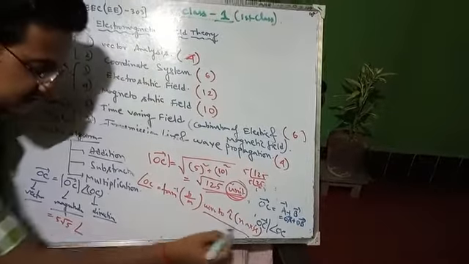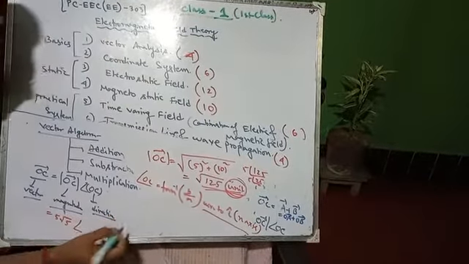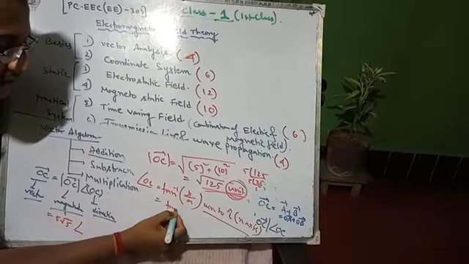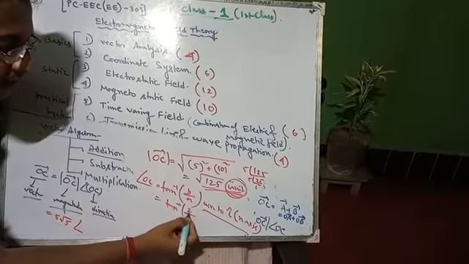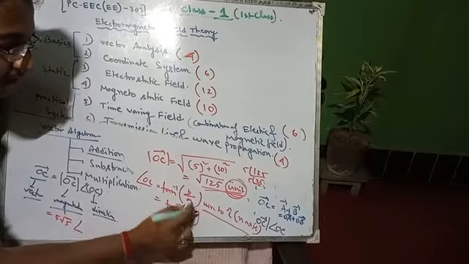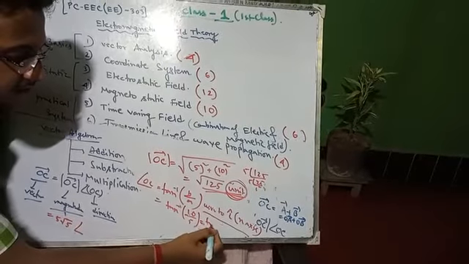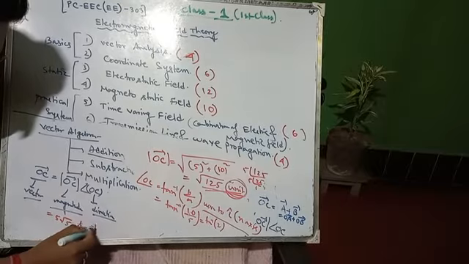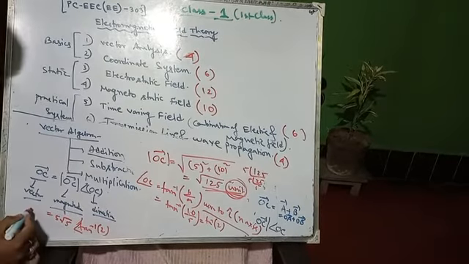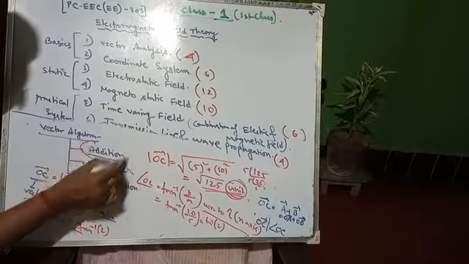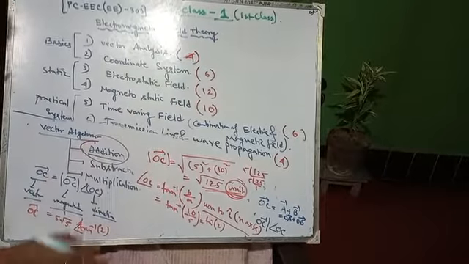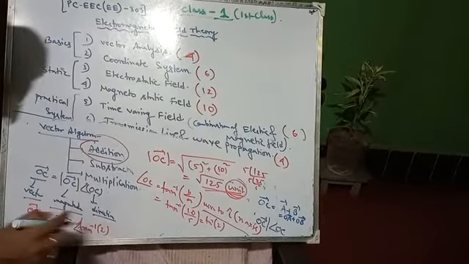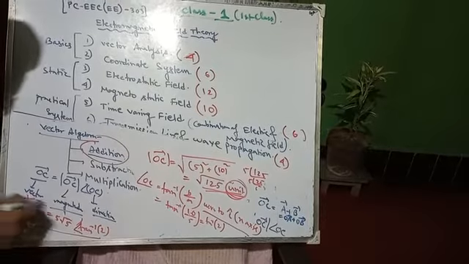With respect to the x axis, the angle will be tan inverse B by A. So B by A means tan inverse of 10 by 5, which is 2, so tan inverse 2. So this OC vector, the resultant of addition of A vector and B vector, 5 i cap plus 10 j cap, is your ultimate answer.